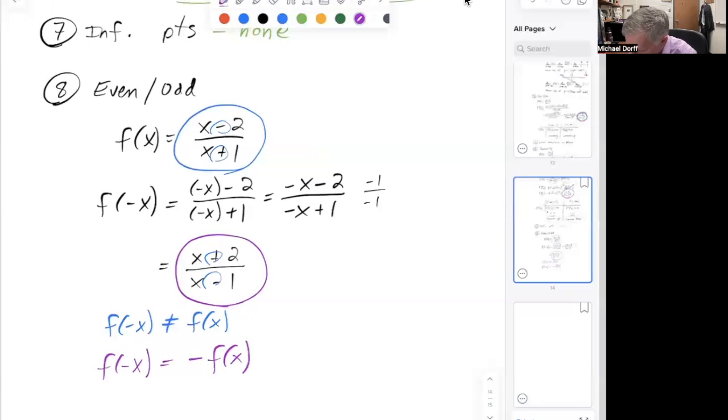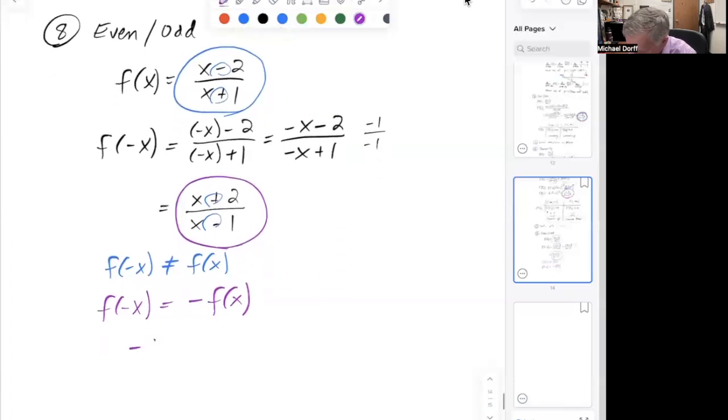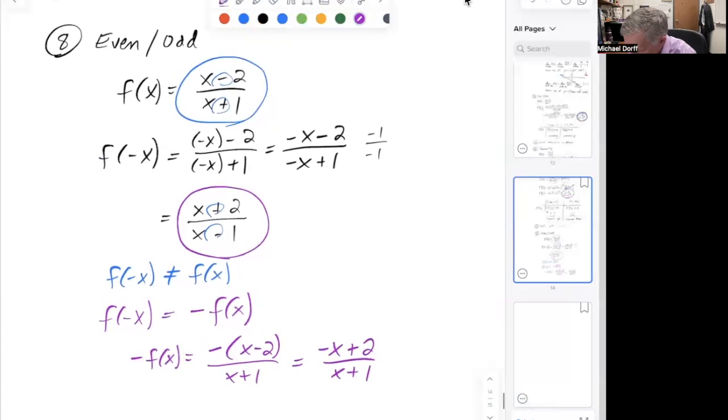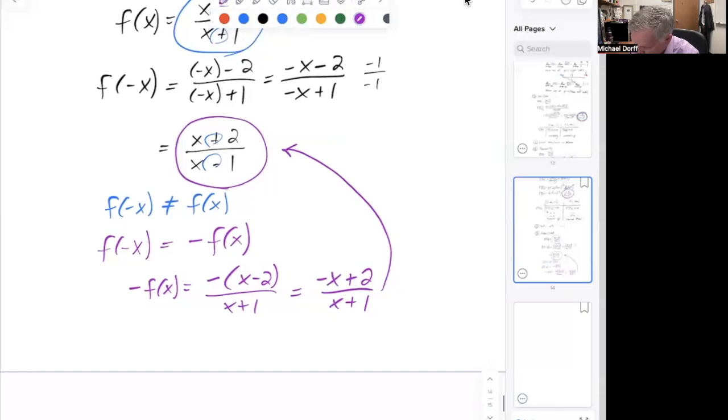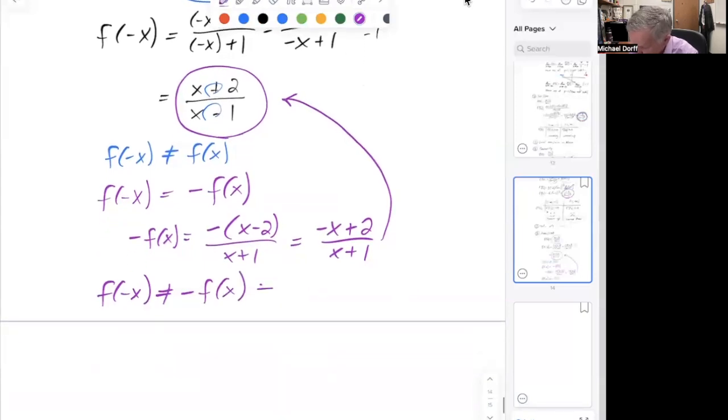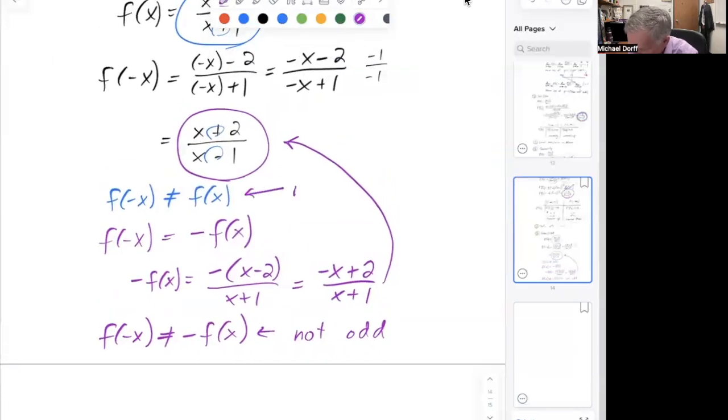Negative f of x would be the negative of x minus 2 over x plus 1, and that would equal negative x plus 2 over x plus 1. But that doesn't look at all like this. So f of negative x does not equal negative f of x. So it's not odd, and it's not even. So it's none of those.